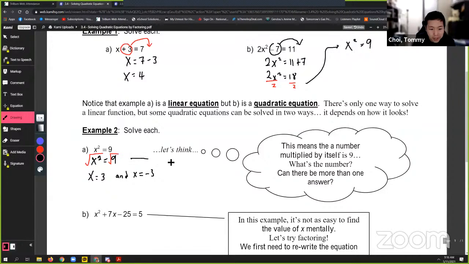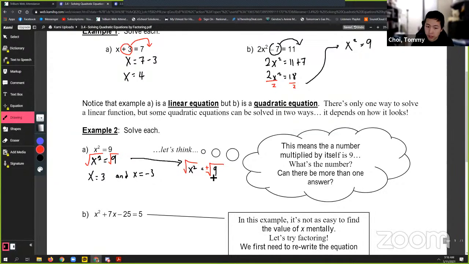So the big thing about square roots is that when you square root, you have to remember that there's actually a plus minus technically in front of that square root. That plus minus means there are two answers, one positive and one negative.